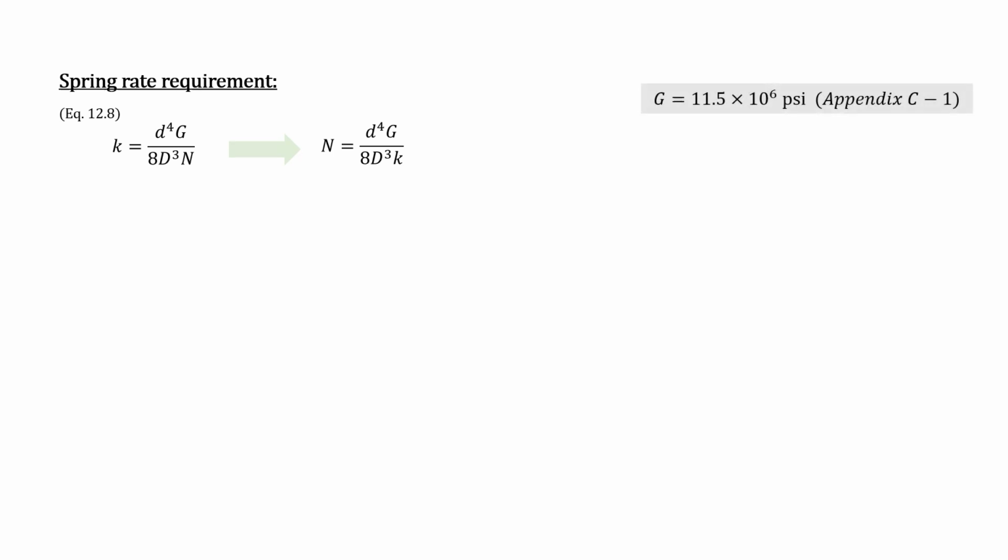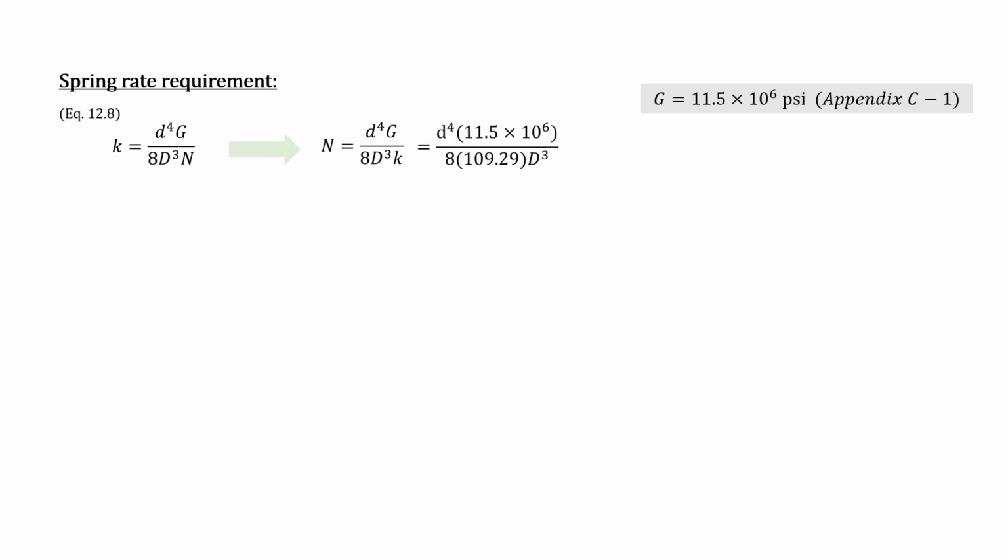So moving on, we are going to look at our spring rate requirement. Equation 12.8 is this spring rate equation here. Essentially, it's your wire diameter, once again your shear modulus, and your number of active turns. If you rearrange to find N, we can actually find it. Your G value is 11.5 times 10 to the power of 6, once again from appendix C1.